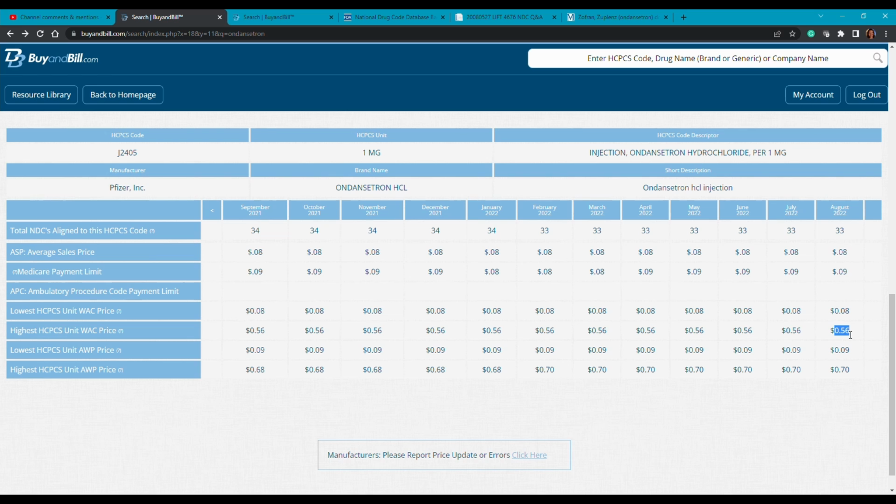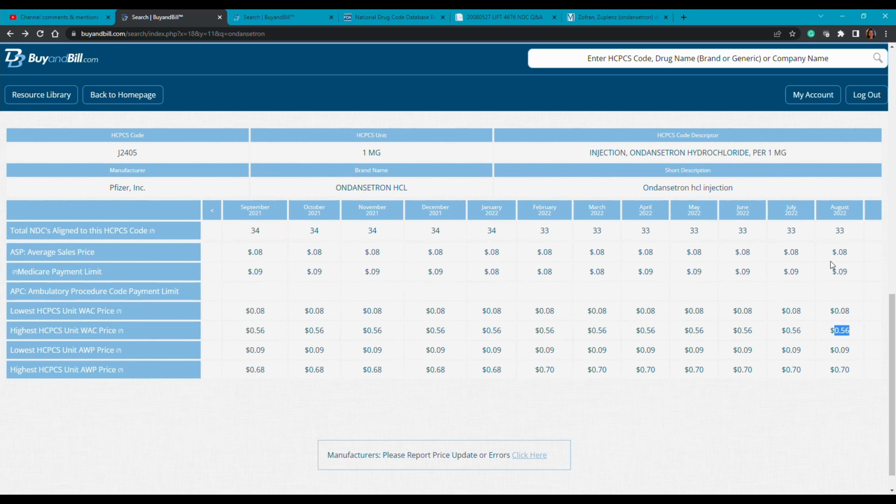You're going to bill out probably at least 150%. So let's just make it $1 to make it easy. So every unit you're going to bill out to the insurance $1 to anticipate the contractual obligations and adjustments. So you're going to bill out $1 per unit. You're billing out 2 units. So you're going to bill out $2 for this medication.